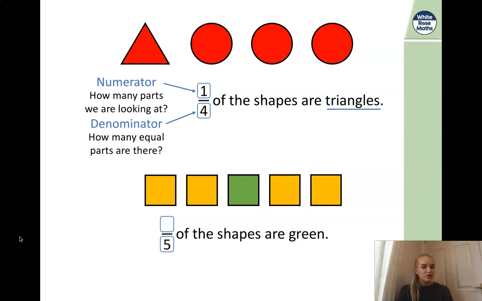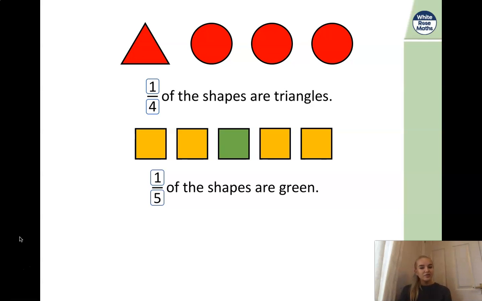Now this time we want to work out how many of the shapes are green. How many shapes can you see that are green? That's right, just 1. So my numerator will be the number 1. Because I have 5 equal parts altogether, my denominator is 5, and I am looking at 1 shape because that is my green shape. So 1/5 of the shapes are green.